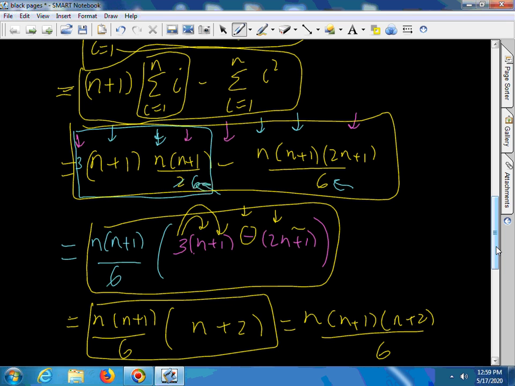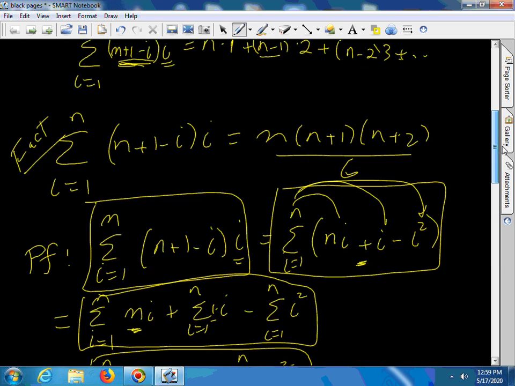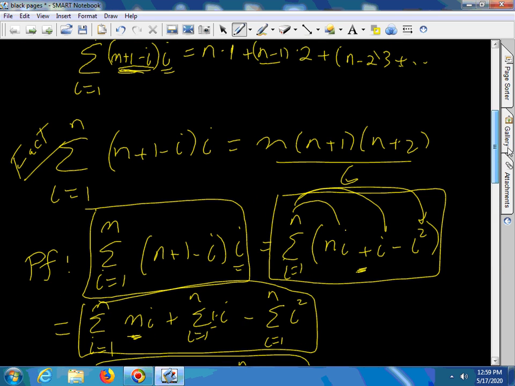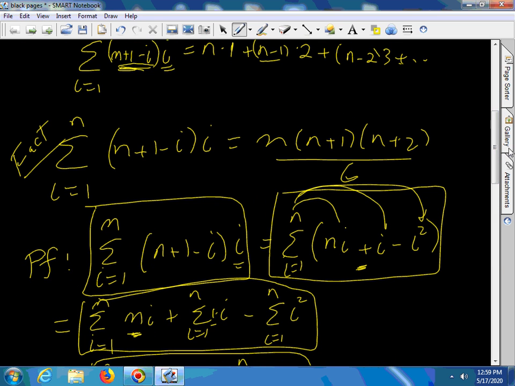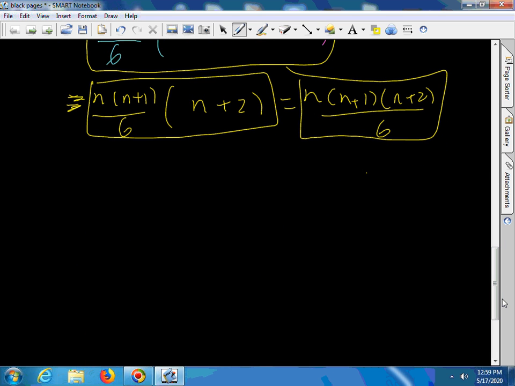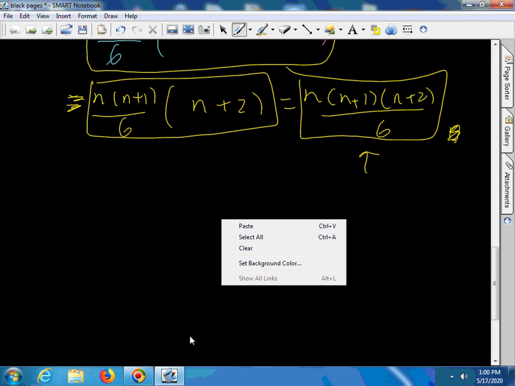I know they're equal. I put equal signs, which equals that. Any two of the boxed things are equal. In particular, the first one equals the last one. That is why we're done. Continue watching the proofs, please.